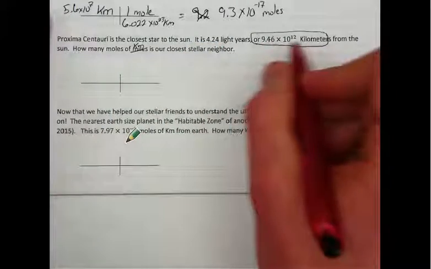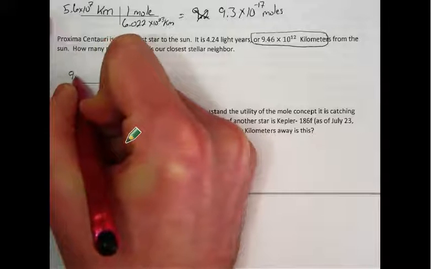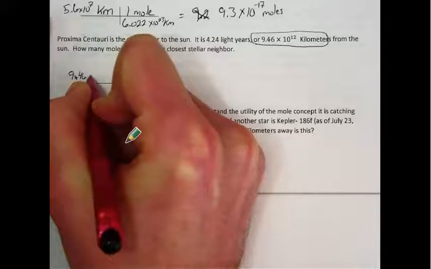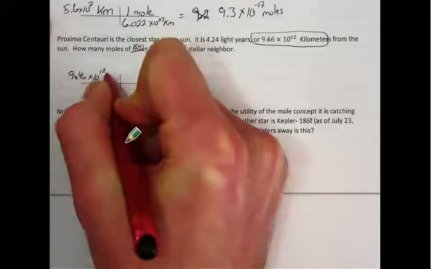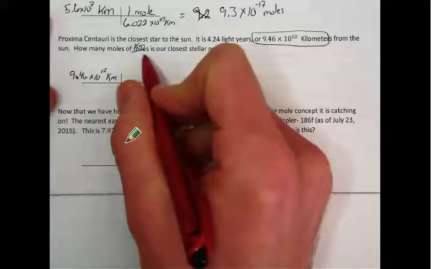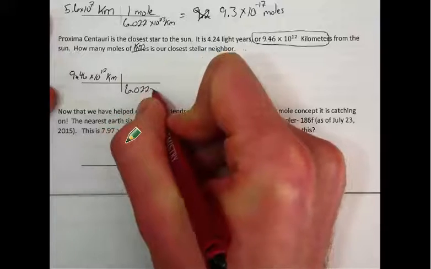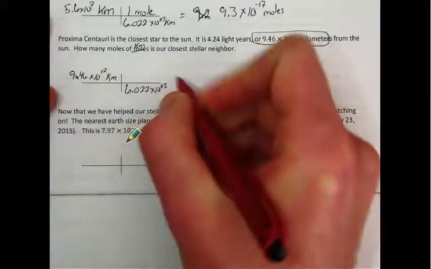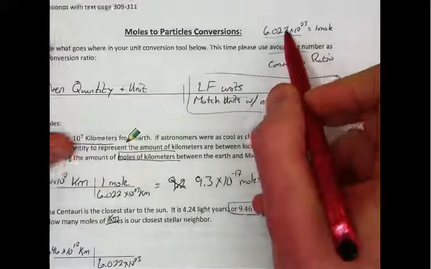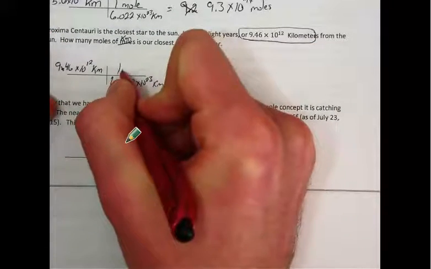So we put our given up here, 9.46 times 10 to the 12. Our given unit. We need to match our unit, which is 6.02. So again, our conversion ratio is 6.022 times 10 to the 23rd for 1 mole. So this is kilometers per 1 mole.